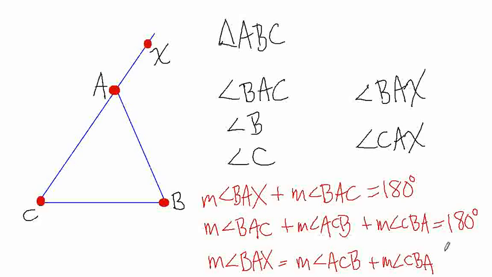All right? So that's my proof. This is my proof that the exterior angles of a triangle are always bigger than the two non-adjacent interior angles. Okay?